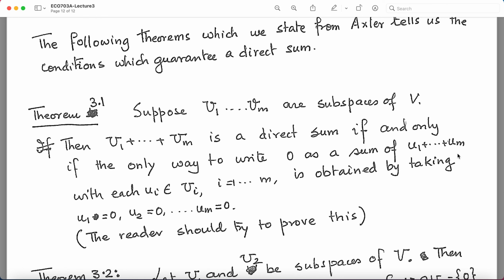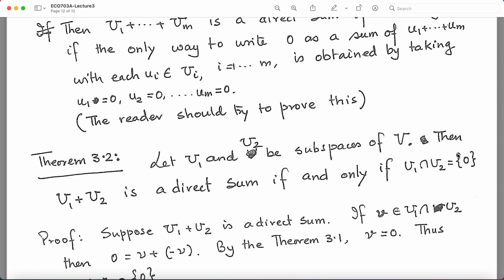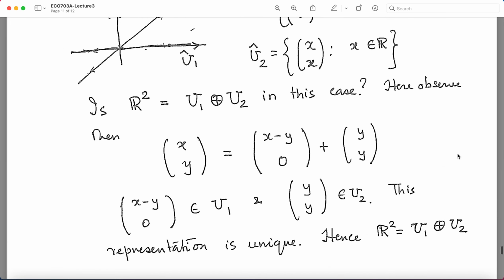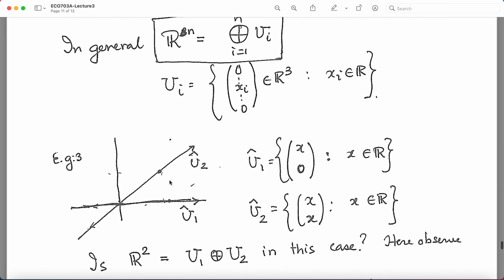Let us see. Now, if you have only two subspaces of V, then U1 plus U2 is a direct sum if U1 intersection U2 is 0. Now, you see, in this example, which is not your familiar x axis and y axis, here U1 hat intersection U2 hat is 0.